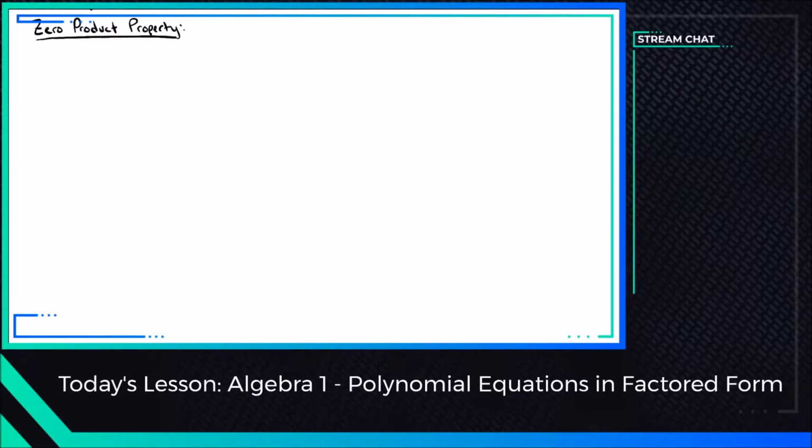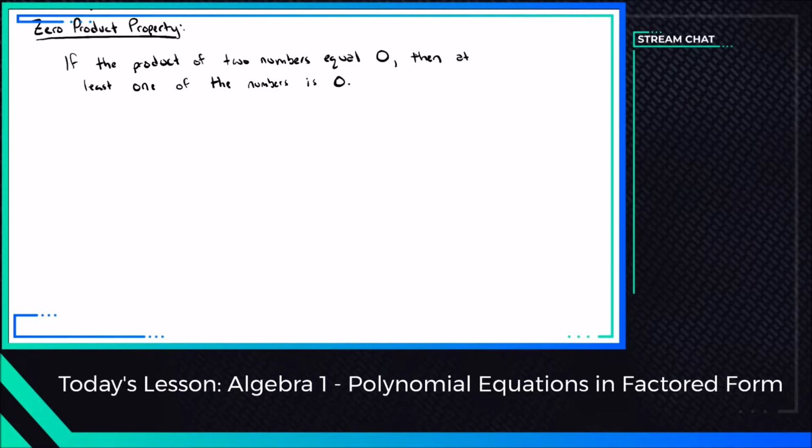The zero product property is: if the product of two numbers equals 0, then at least one of the numbers is 0. And that makes sense.